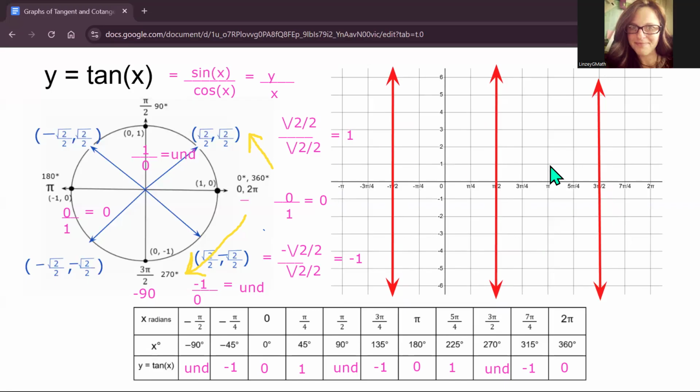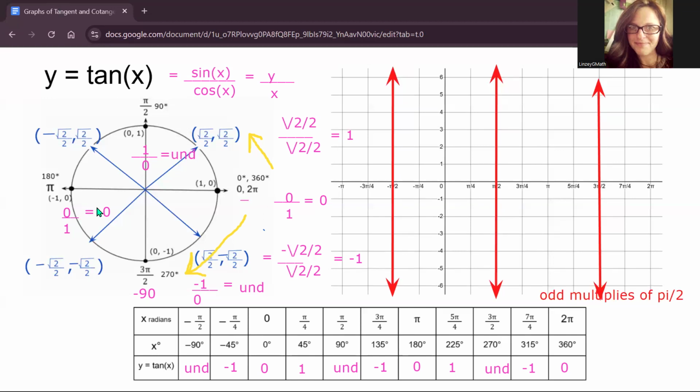So tangent is undefined for odd multiples of pi over 2. Let me write that down for you. Odd multiples of pi over 2 is where we see undefined.